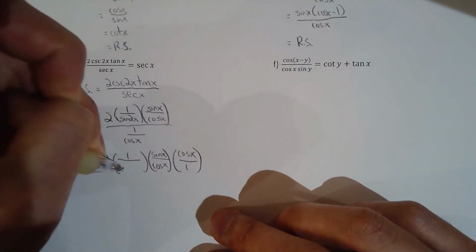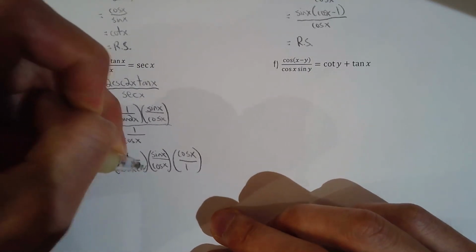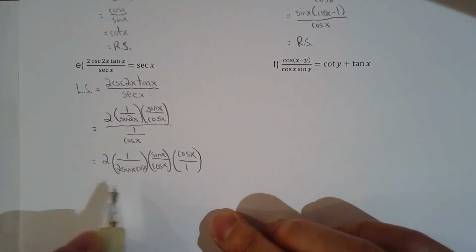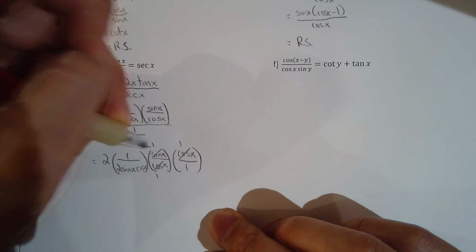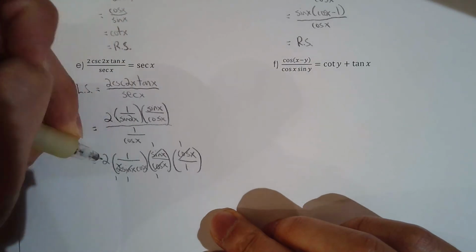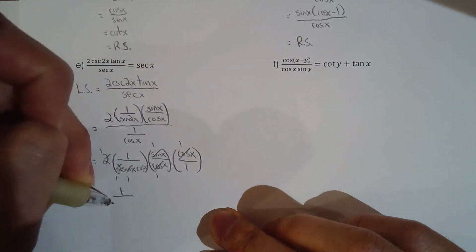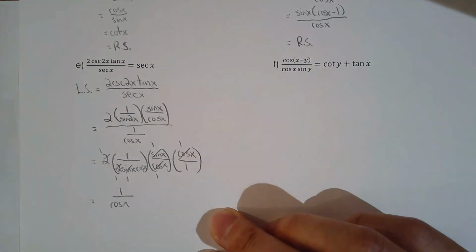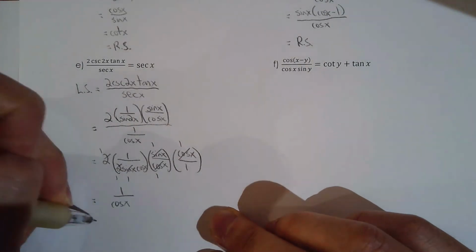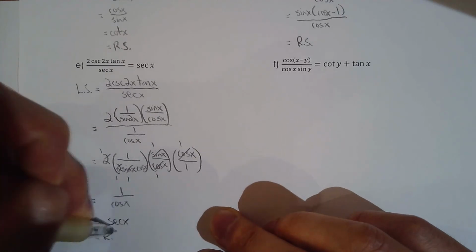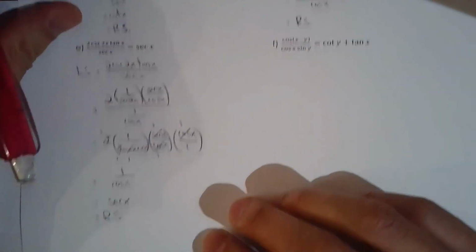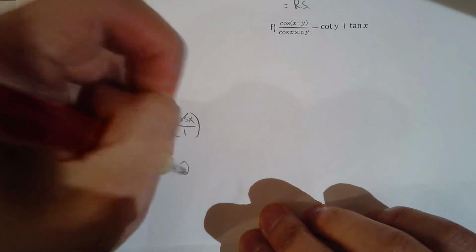So that's 2 sine x cos x. So now I'm going to cancel out my common factors. So 1 over cos x is what remains. And of course, 1 over cos x is secant x. Mission accomplished. QED.